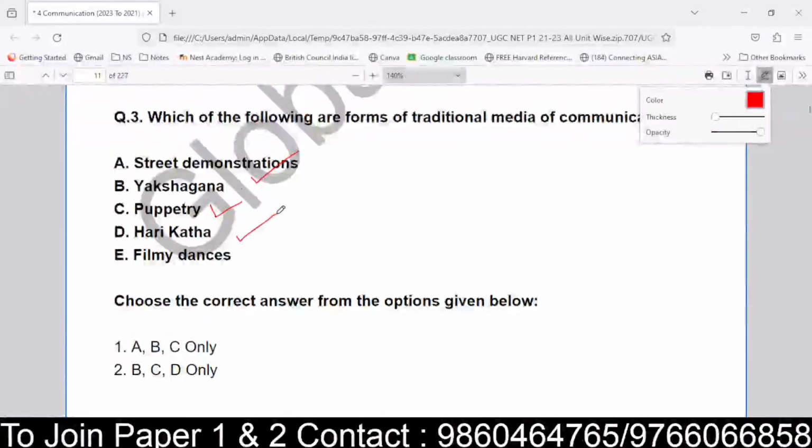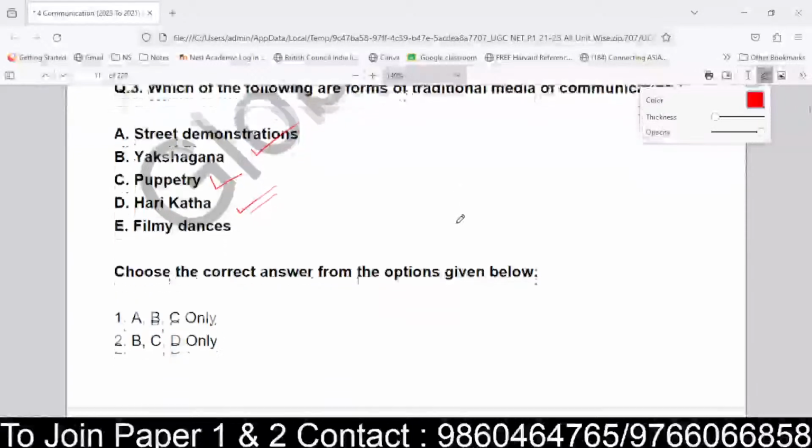These are traditional, and the rest are the latest ones, whether it is street demonstration or the filmy dances. So your right answers turn out to be B, C, D. So that is option number 2.